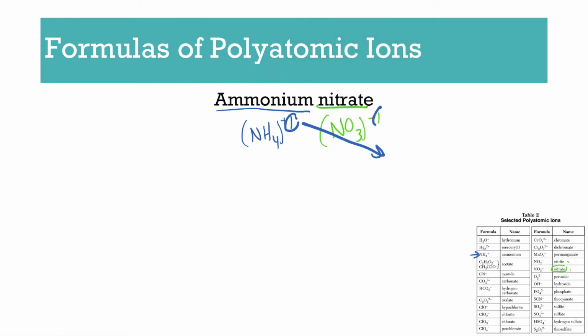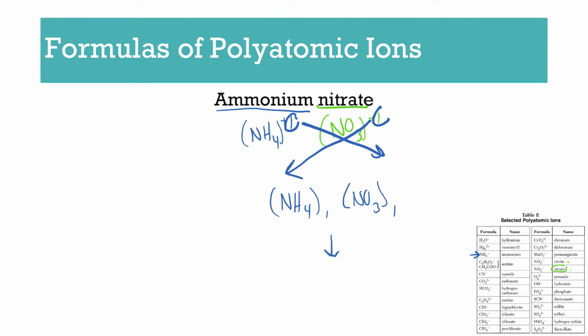So crisscross, you get NH4 with the 1, you get NO3 with the 1. Again, you don't need those ones. And because you only have one of those polyatomic ions, you don't necessarily need the parentheses.